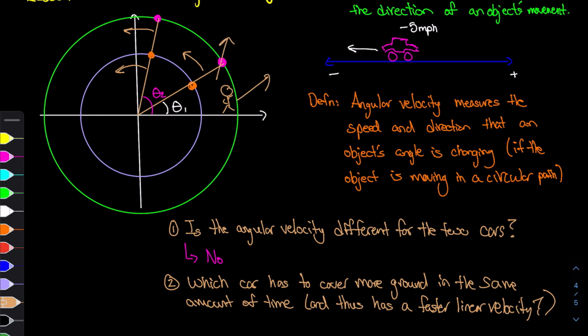You are moving at the edge of the circle way faster than closer in, because you have to cover more ground in the same amount of time. Mathematically speaking, you have to be going faster at the edge than at the center. This is kind of an interesting paradox if you think about it too hard.